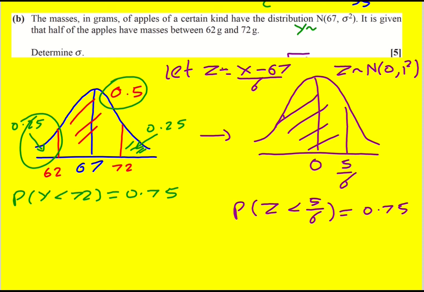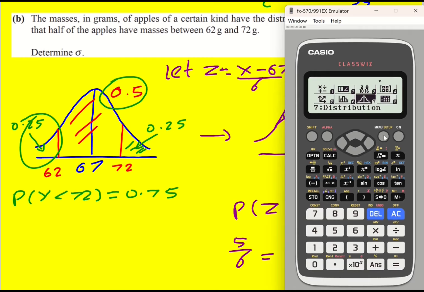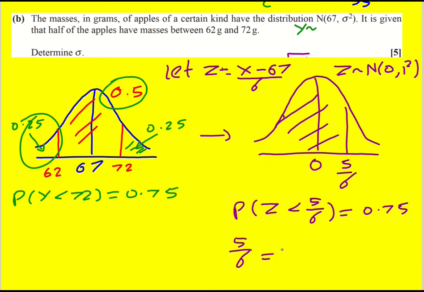We're in a great place now. We can do inverse normal. So 5 over sigma: inverse normal, area of 0.75, standard deviation of 1, mean of 0, because we've transformed it into the standard normal, and we get 0.67448.